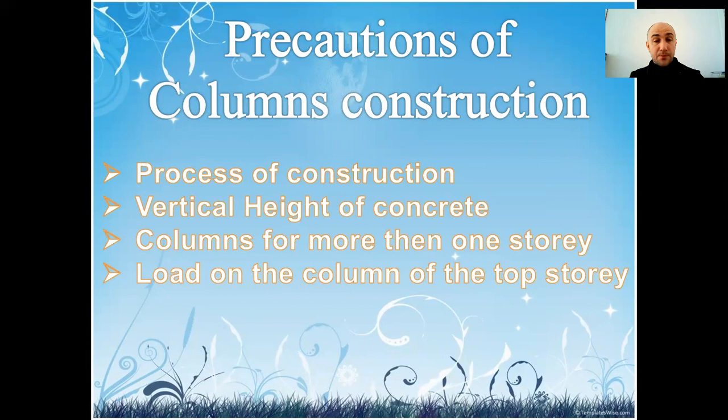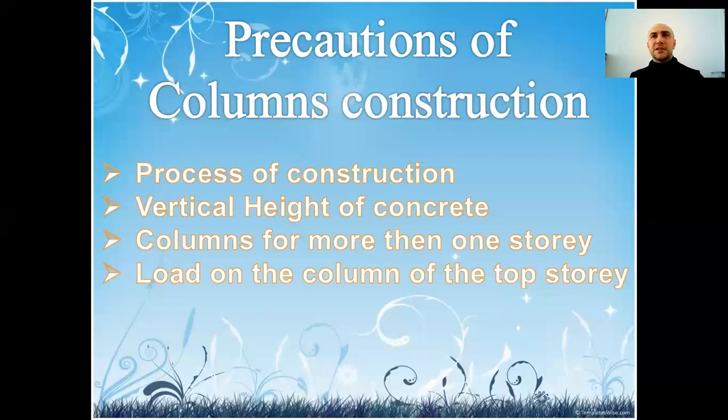And some precautions of column construction. It is the process of construction, the vertical height of concrete columns for more than one story, and the load on the top story.